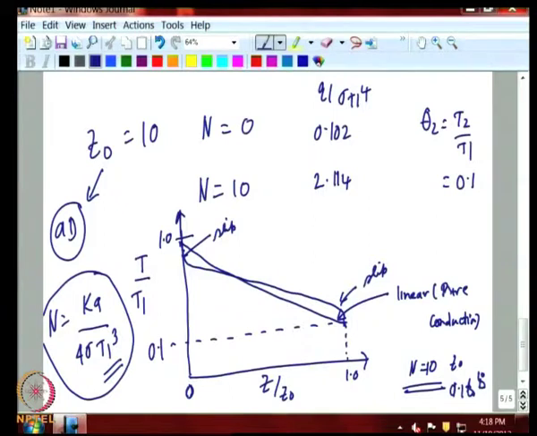So, what it says is that if you have a thicker layer of gas, the heat flux will go down, and that is absolutely understandable.